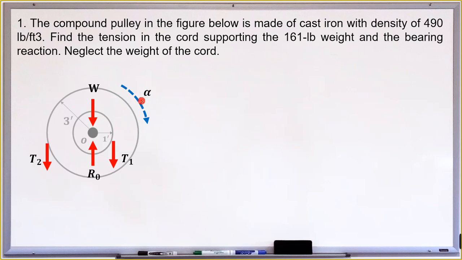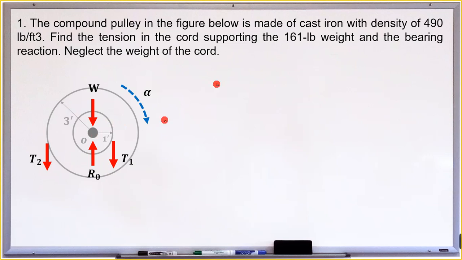Unlike the blocks, which move on a straight path and are analyzed using rectilinear translation, the compound pulley rotates about a particular axis of rotation at its center of gravity, so we use rotational motion analysis for this.